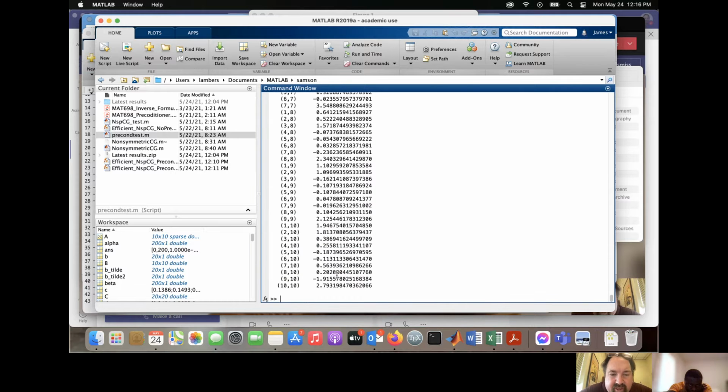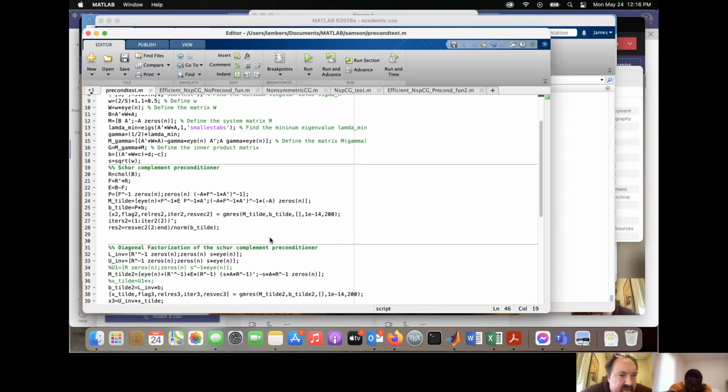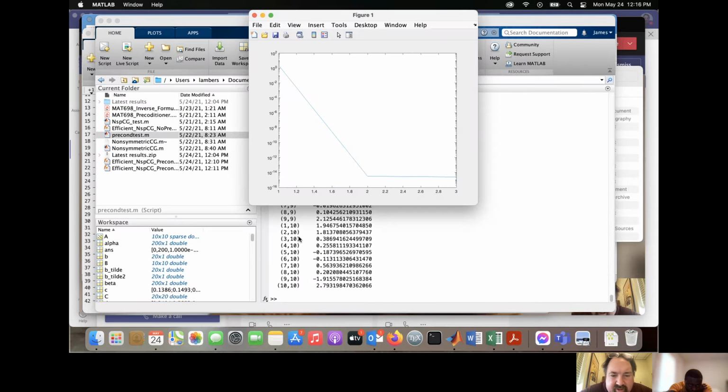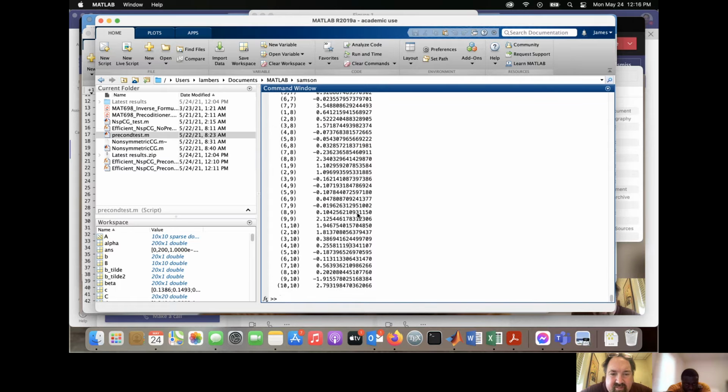Oh, okay, so it worked in that case. All right, so that's good. But oh, okay, so that's now if I do the true Cholesky factorization.